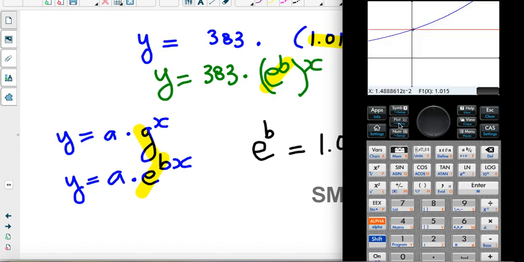And then if I look at the graph, this is how it looks. To find the intersection, I will have to reopen my calculator just for a minute.